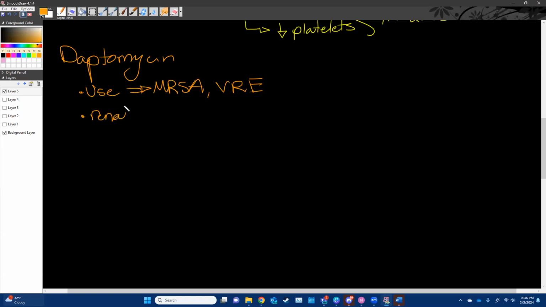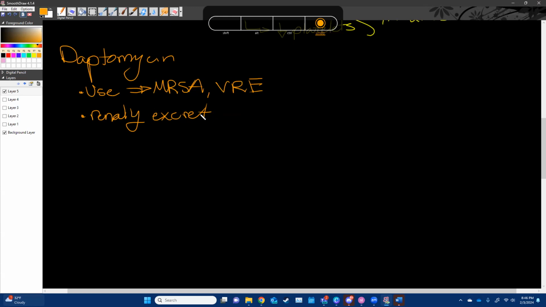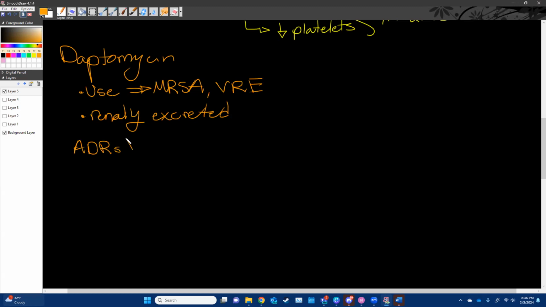Renally excreted. Really, the biggest thing with daptomycin is that it can be toxic to the muscle cells.